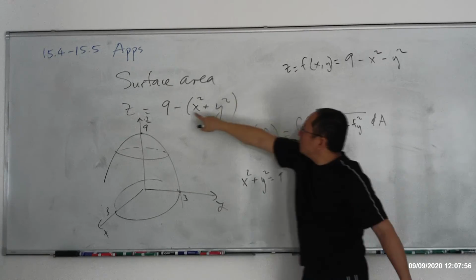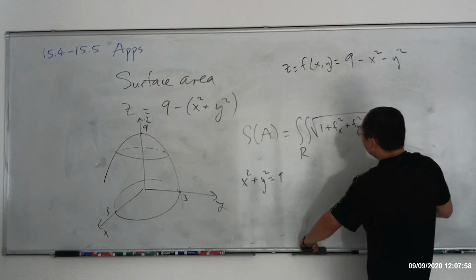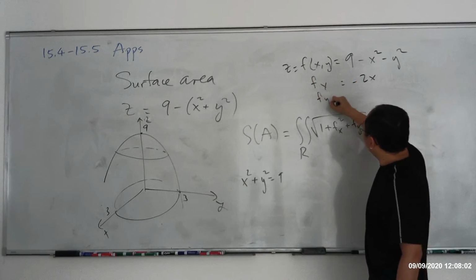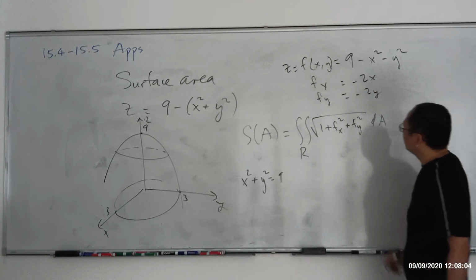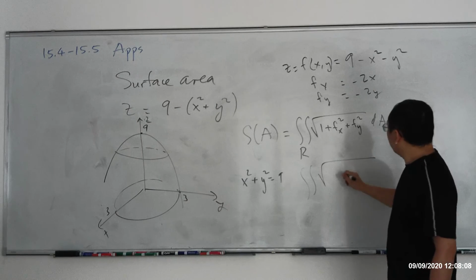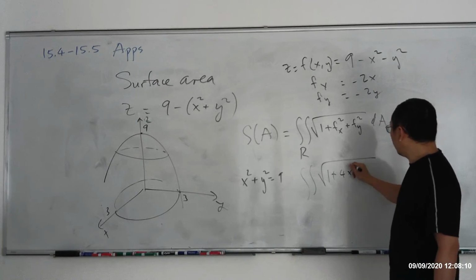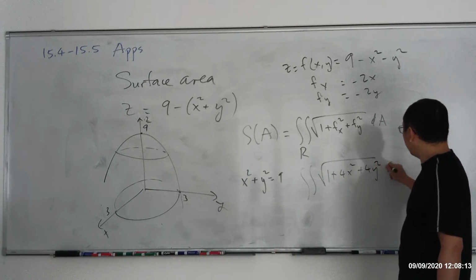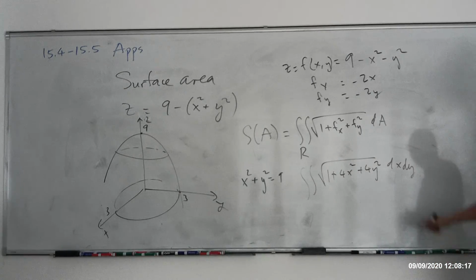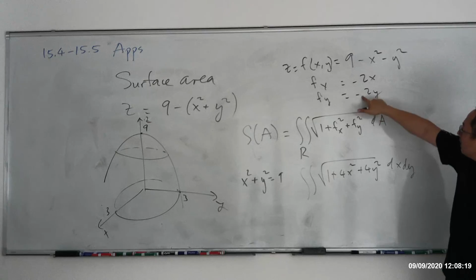See, I distributed the negative sign to the two terms. So fx is negative 2x and fy is negative 2y. So this is the double integral of the square root of 1 plus 4x squared plus 4y squared dx dy. You guys see why I have a plus sign here even though I got negative 2x?